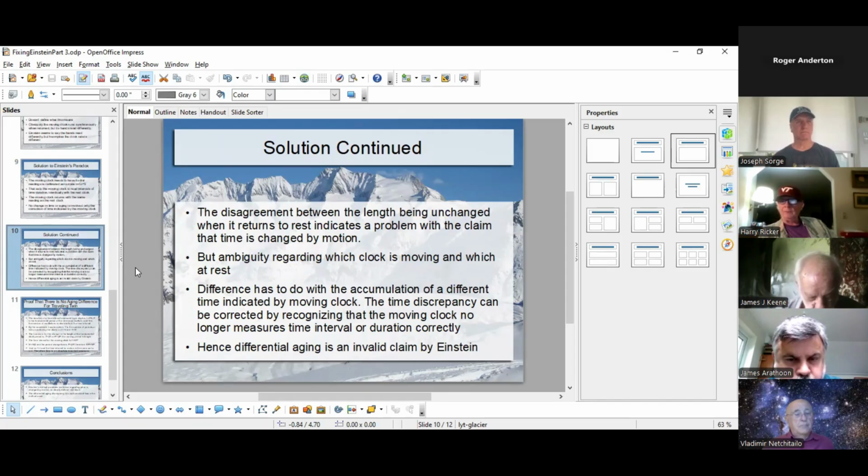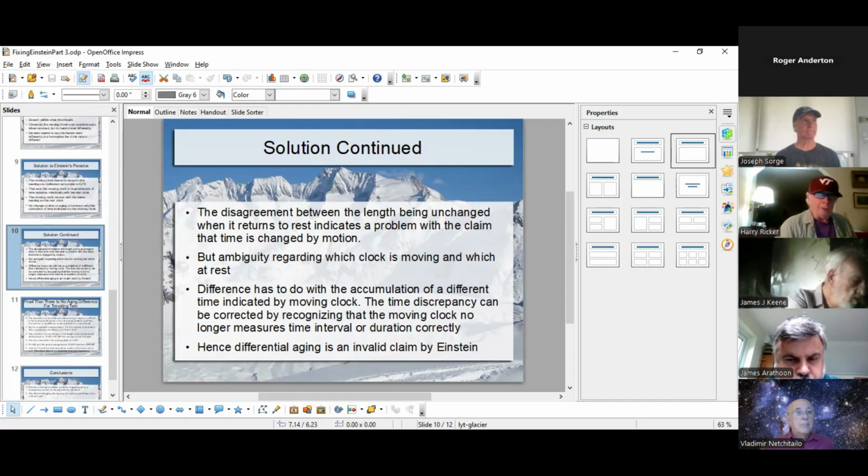But we have to take into account the fact that the ticks it is counting are longer. And Einstein doesn't take into account the fact that the ticks on the clock are longer. He only takes into account the fact that the ticks are fewer. Okay. And then, of course, now we have the ambiguity of which clock is moving and which clock is at rest. That's a classic example of the twin paradox.